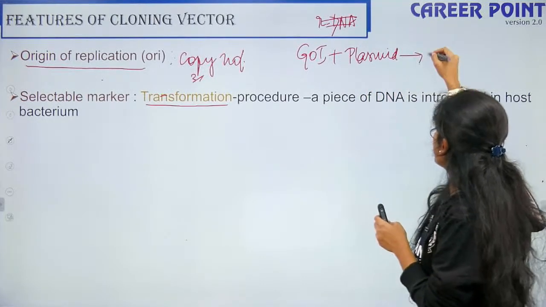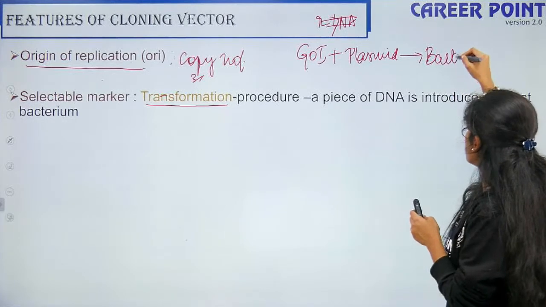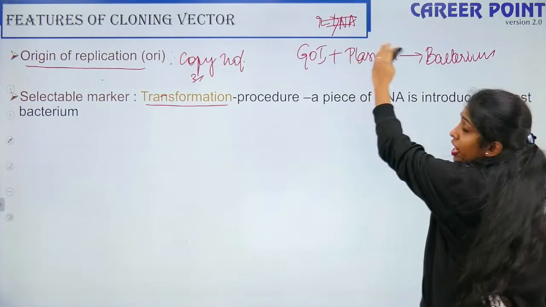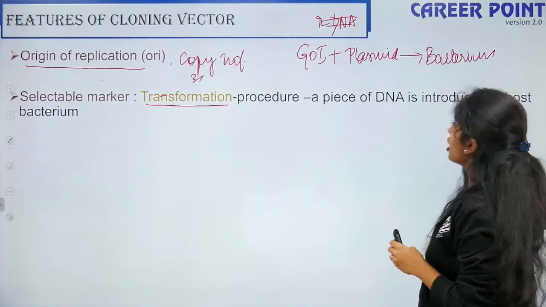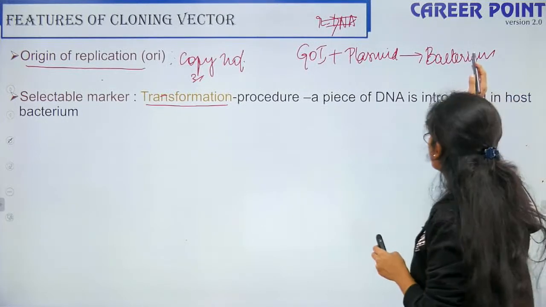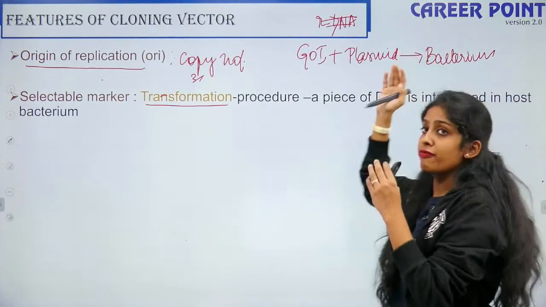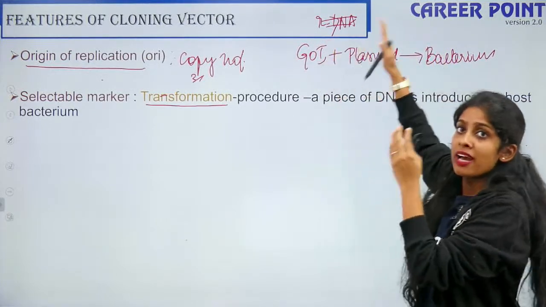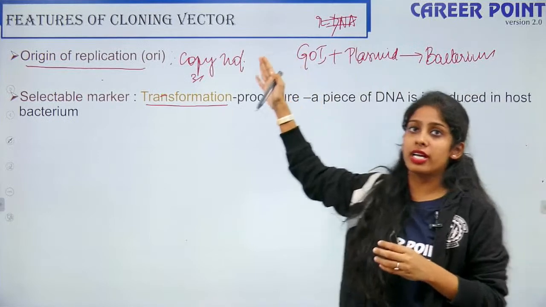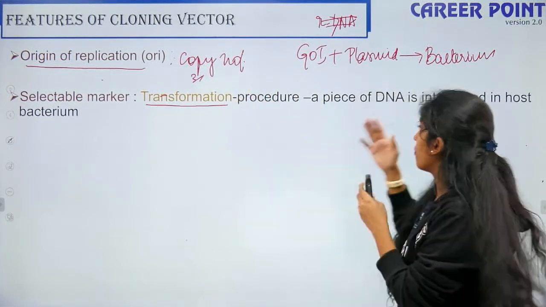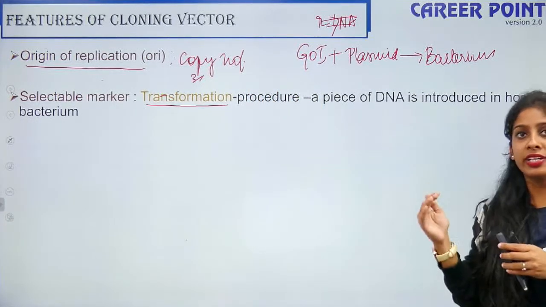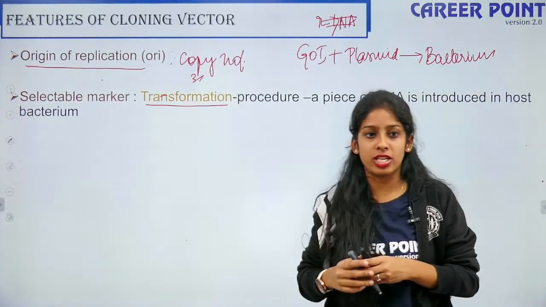You are inserting it into a bacterium to check if they both have joined together, right? How will you check? If both of them have entered your bacteria, it is called transformation. The ability of a particular piece of DNA to enter into a bacterium is called transformation.